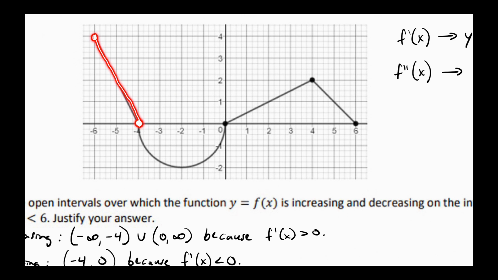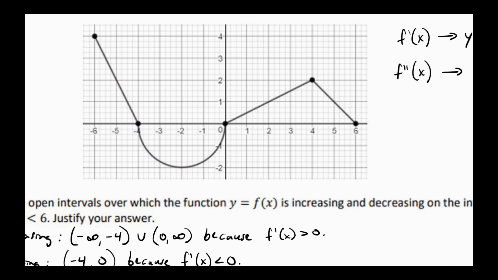That line right there, does that have a slope of 0? Nope. It has a slope of negative something. So nope, I don't want that. This right here, the slope is still negative. Here we said earlier that's where it's 0.